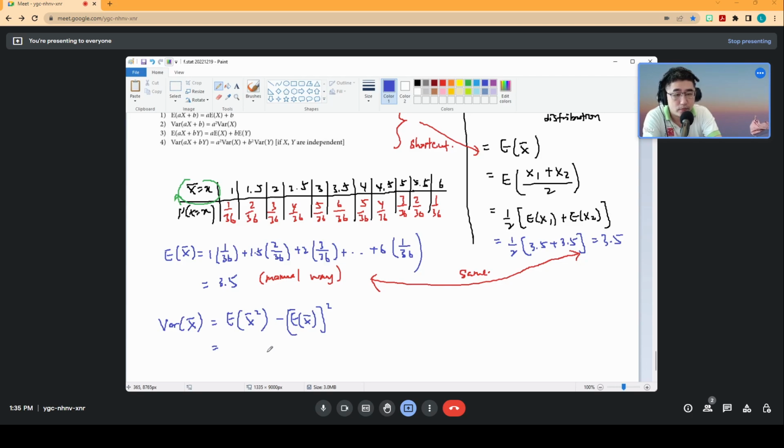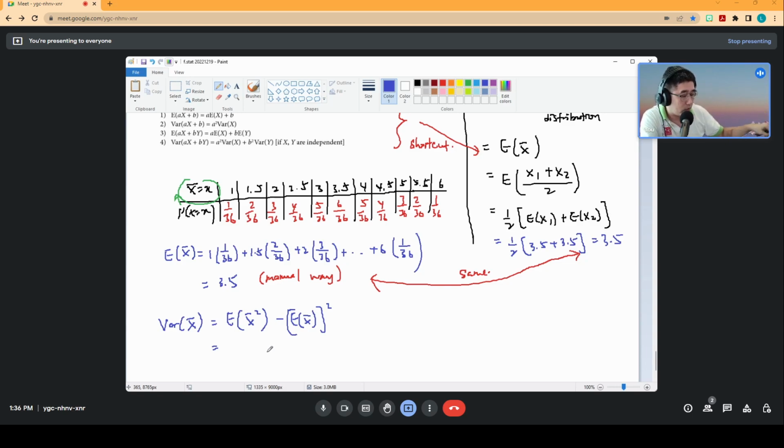6. With the frequencies 1 over 36, 2 over 36, 3 over 36, 4 over 36, 5 over 36, 6 over 36, 5 over 36, 4 over 36, 3 over 36, 2 over 36, 1 over 36.